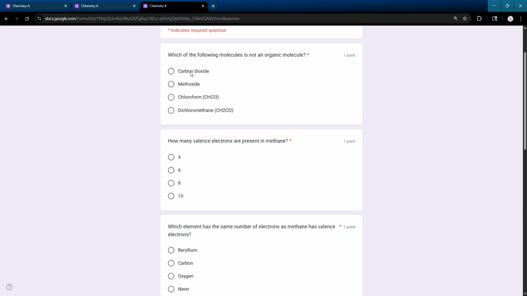Carbon dioxide is organic. Metamax, chrome 4. This just doesn't sound organic.